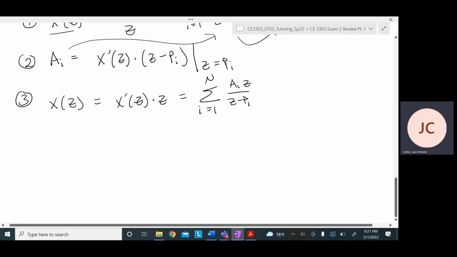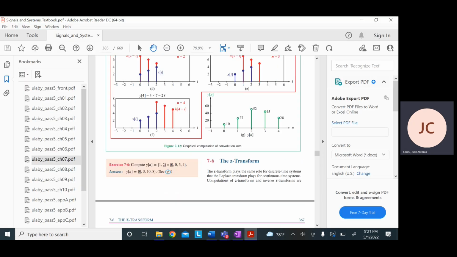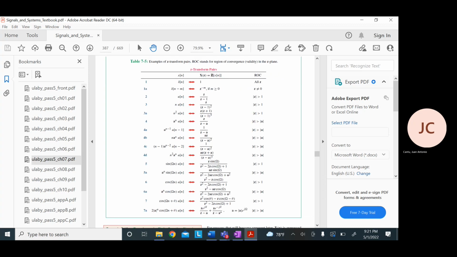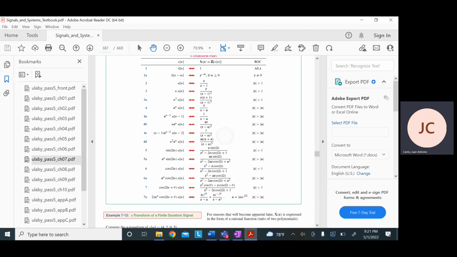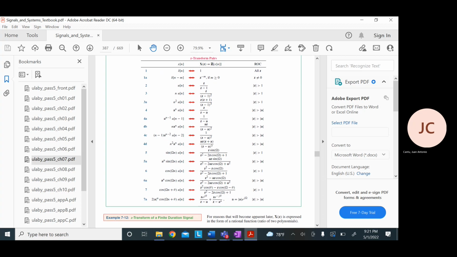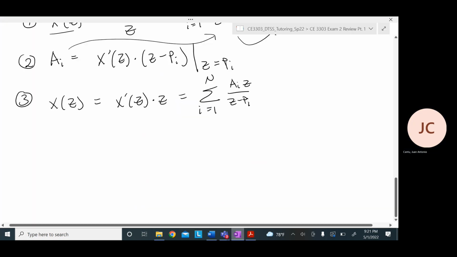What you notice is if we go to our z transform pairs, we actually have something for that. We have a to the n u of n. We z transform that, we get z over z minus a. We're going to take advantage of that property.